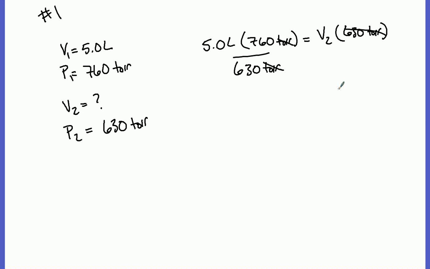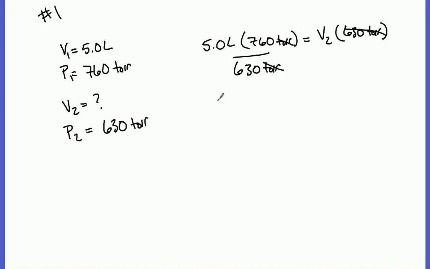As long as your units match, it really doesn't matter what you use for volume or pressure. So you do have to be careful, because sometimes I'll give you one pressure in atmospheres and the other pressure in torr, so you have to convert one to match the other. Or maybe I give you one volume in liters, one volume in milliliters, and you have to convert one to match the other. But as long as your units match, this is pretty easy.